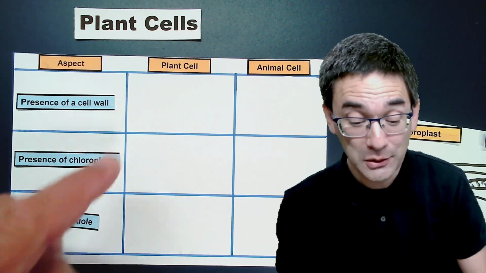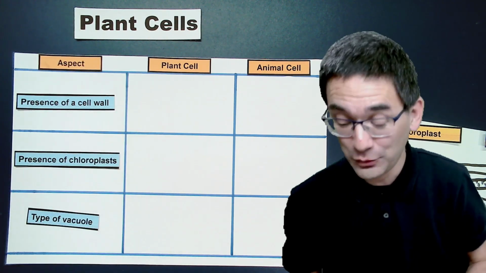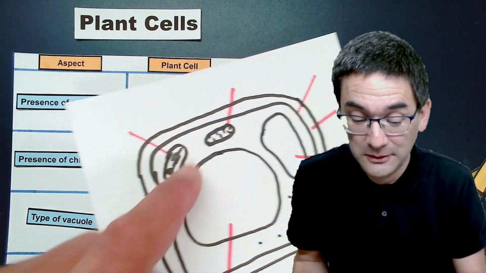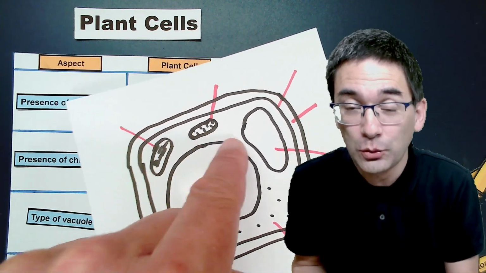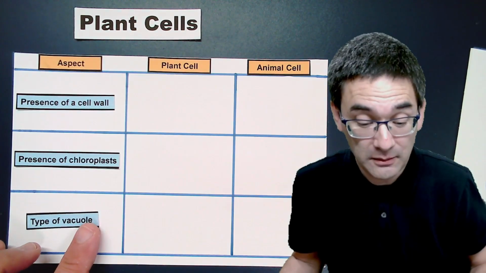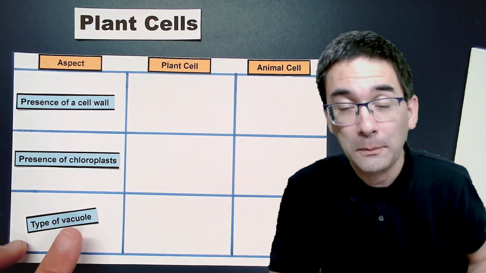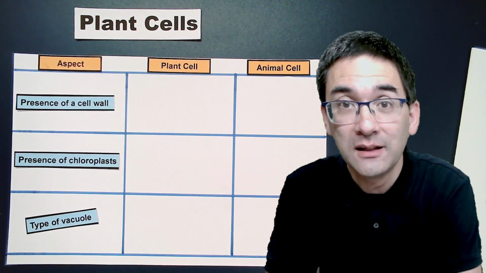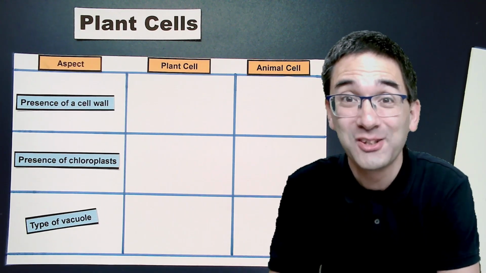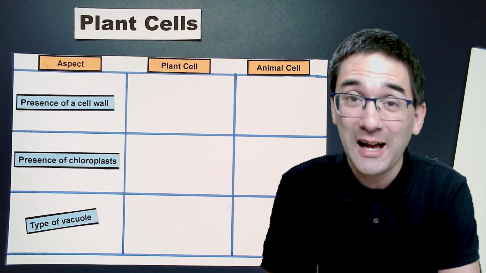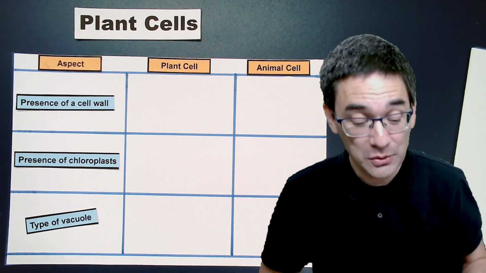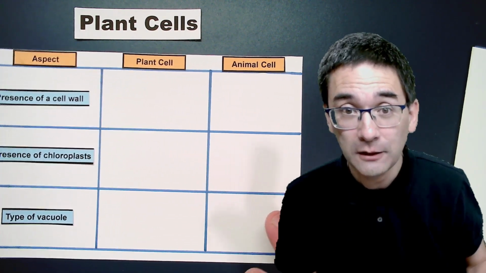That's also wrong, because plant cells also have mitochondria. I made the drawing here. Look, here chloroplasts and mitochondria. Plant cells have both. And another one: plant cells have a vacuole, animal cells do not, is wrong. Because as I just mentioned, animal cells also have a vacuole, sometimes several smaller vacuoles. So you have to be a little bit careful.